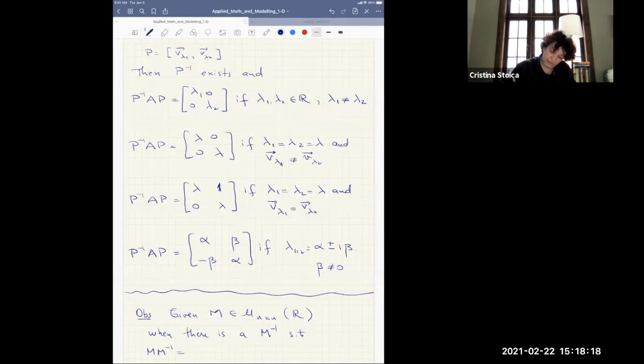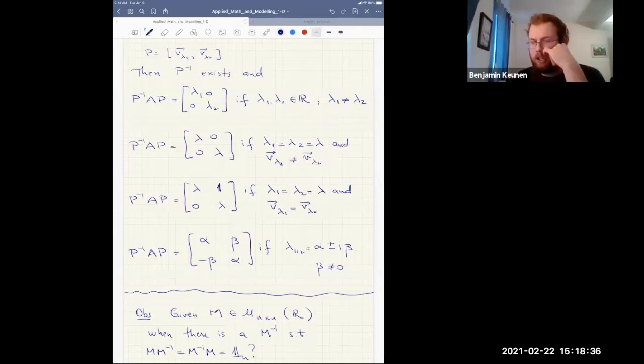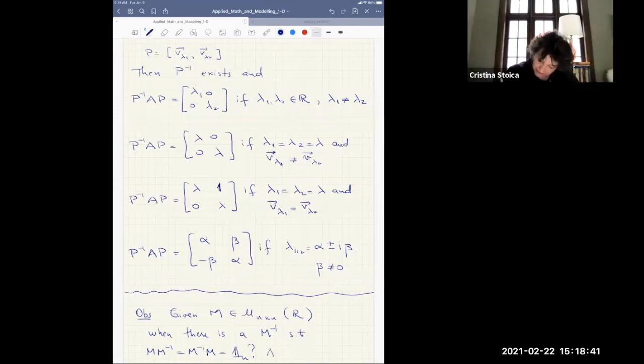Anyone knows? You can put it in chat if you don't want to say it. What is the condition for a matrix to have an inverse? Non-zero determinant. Yes. Okay, just to remember this stuff.